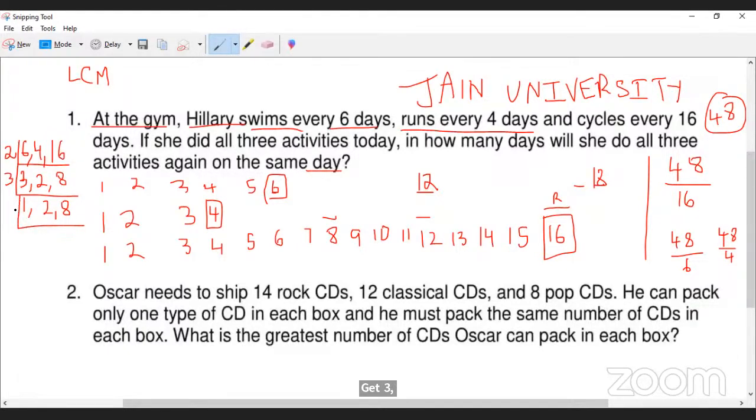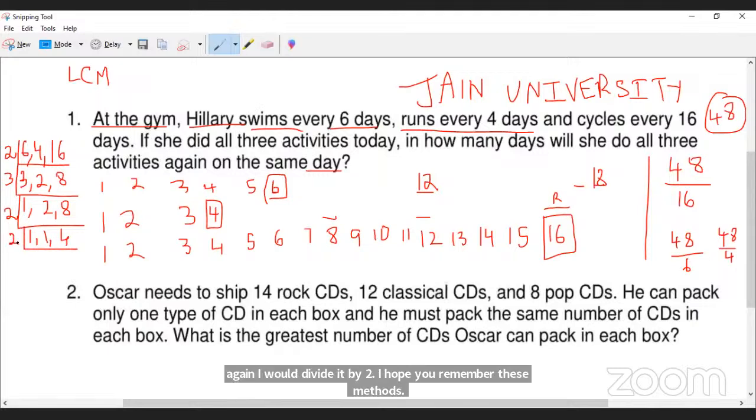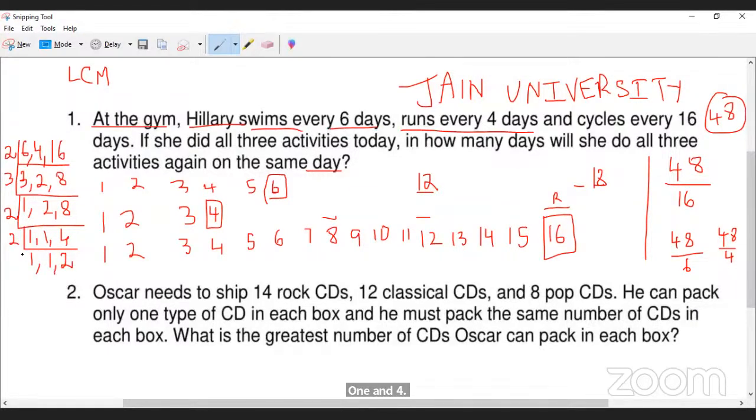Next, again, I would divide it by 2. I hope you remember these methods. 1 and 4. 1, 1, 2. 2, it's 1, 1, and 1. So 2 times 3, 6, 6 times 2, 12, 12 times 2, 24, 24 times 2, 48.